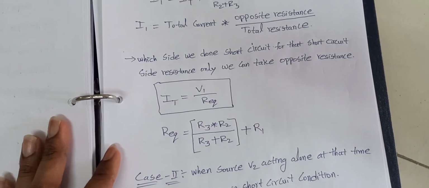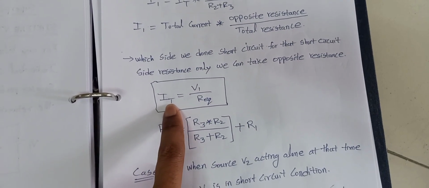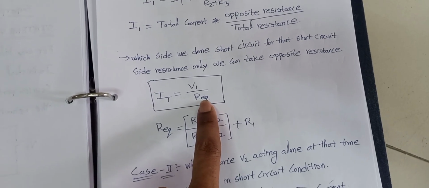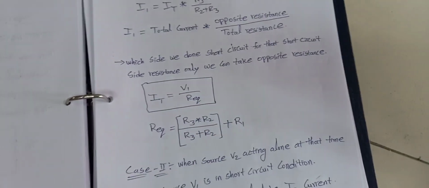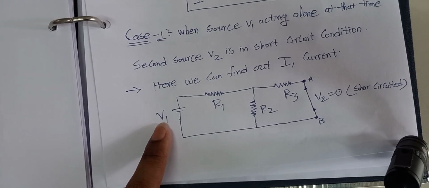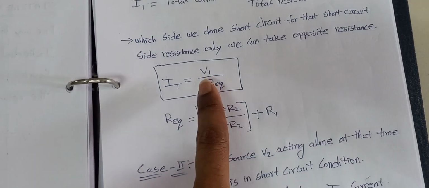So how are we going to calculate the total current? IT is equal to V1 by equivalent resistance. V1 is the source voltage, the source acting in the network. So V1 only is acting in the network, and that V1 voltage source we take here.